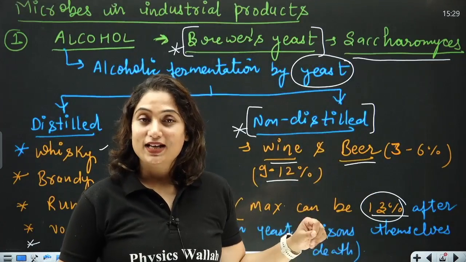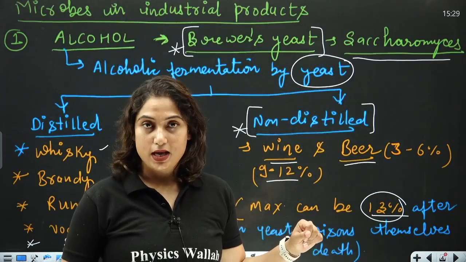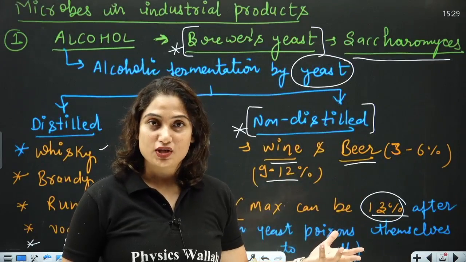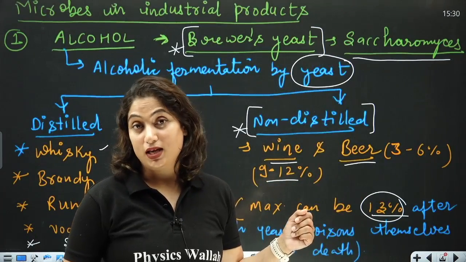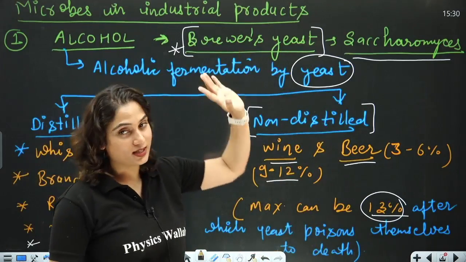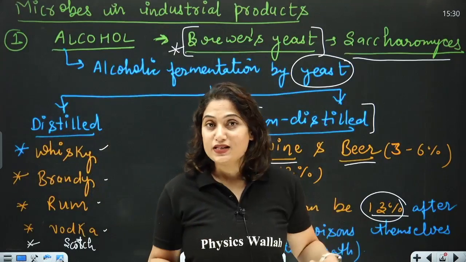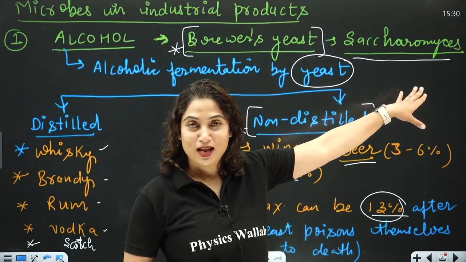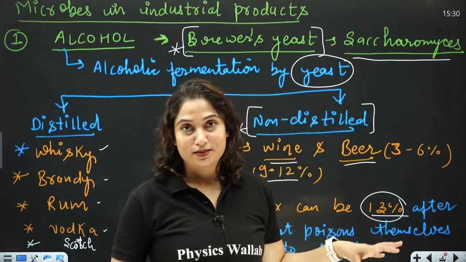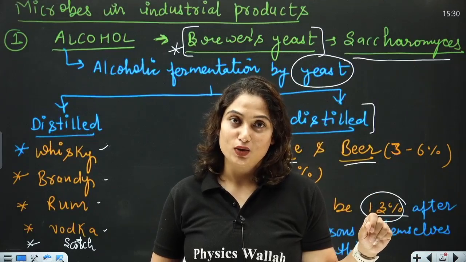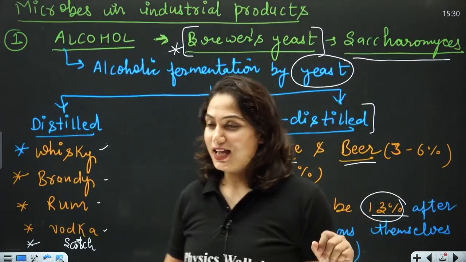You know that the yeast is used on a large scale in alcohol factories and plants where alcohol is made with the help of yeast, and that is why yeast is also called brewer's yeast. And you know what is the scientific name of yeast? It is Saccharomyces. So you know that yeast performs alcoholic fermentation and it forms ethanol, C2H5OH, right?